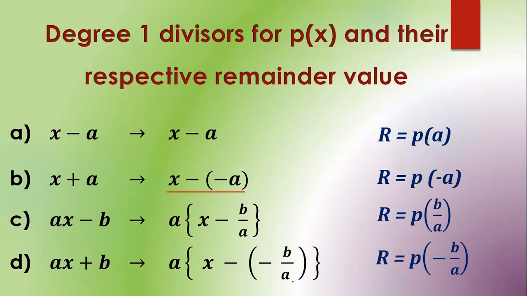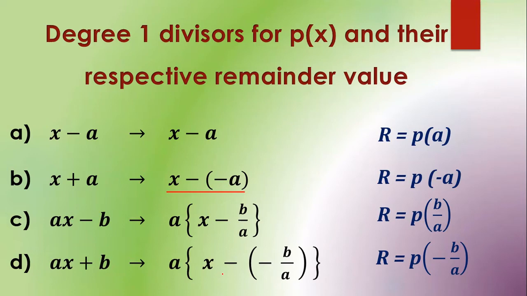Here we have discussed 4 different divisors of degree 1, and when these 4 forms of divisors divide the polynomial p(x), we can respectively find their remainder values. So that's what we have discussed here.